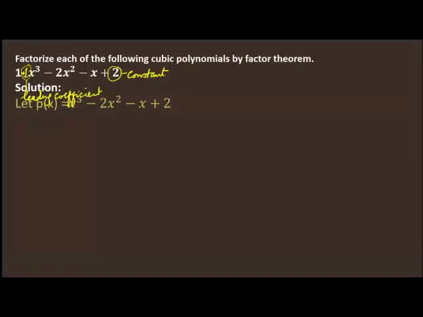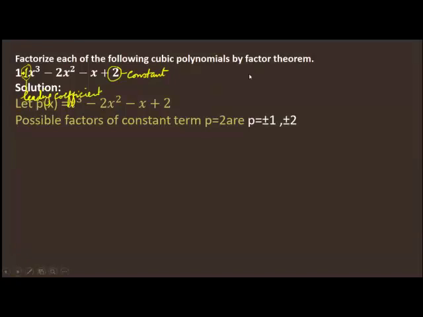In this theorem, we substitute values. We get these values from the factors of the leading coefficient and the constant. First we need to find the possible factors of the constant term p, which is 2. You can see on the screen. The factors of 2 are plus minus 1 and plus minus 2 only.